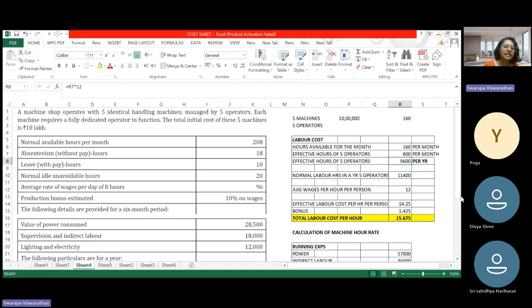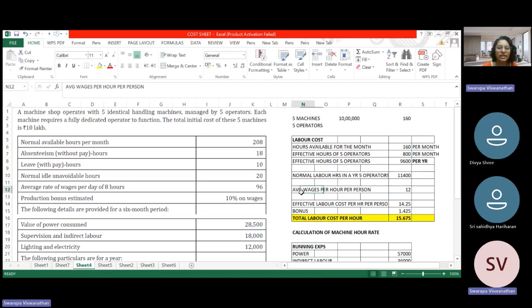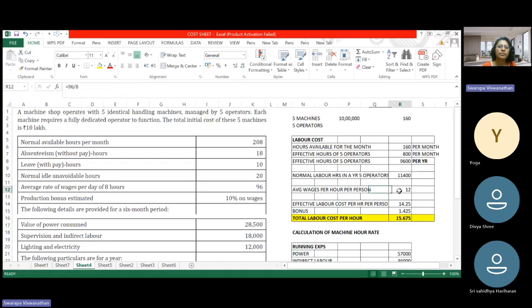The average rate of wages per day of 8 hours is 96. So what will be the per hour rate? We can directly find out 96 by 8, which is 12. So the average wage is 12 rupees per hour.